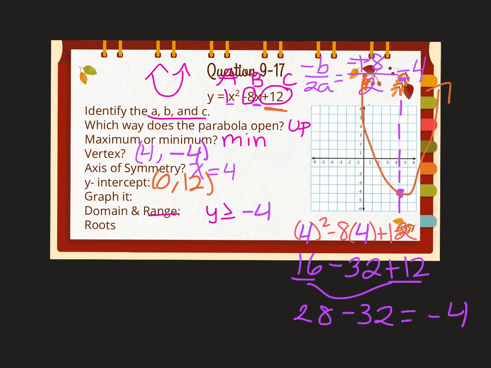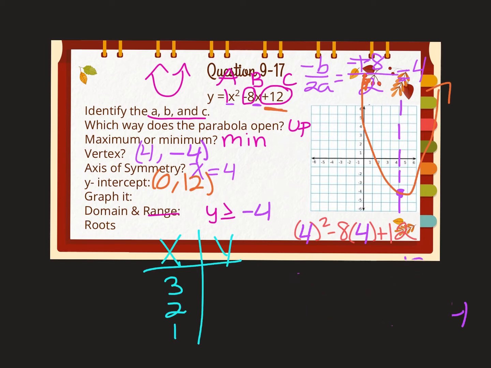And in order to find our roots, we need to actually think about this. So we're going to make a little table. So there's my table in that light blue color. We're going to do what we did for our vertex. I'm going to plug in these numbers one at a time, and one of them will give me a 0.